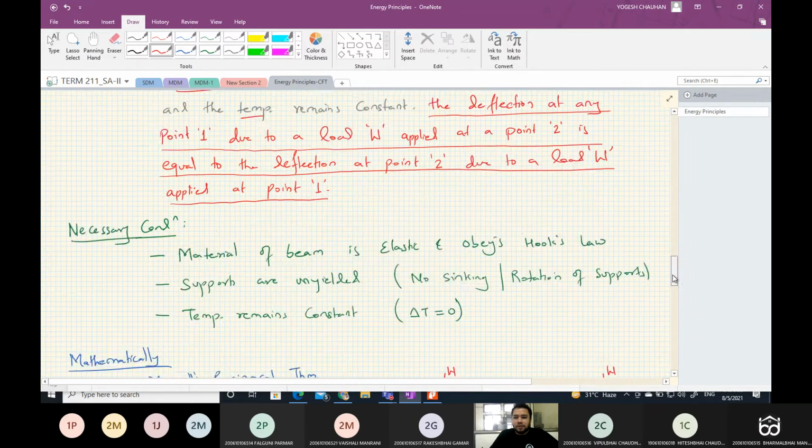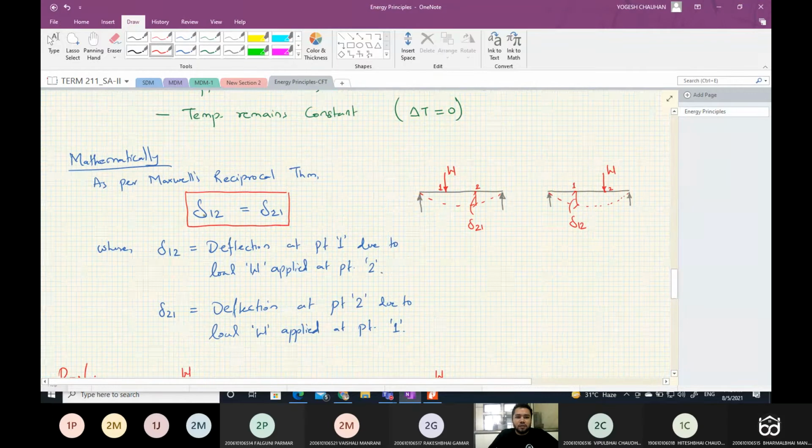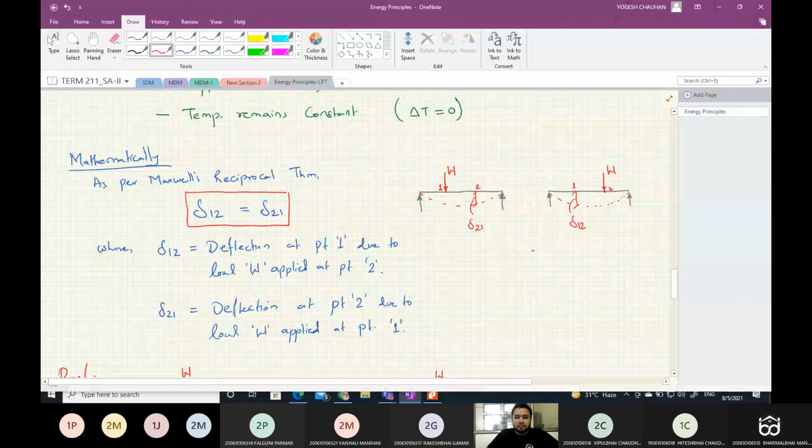That means mathematically we can say delta 1 2 is equal to delta 2 1. What is delta 1 2? Delta 1 2 is the deflection at 1 when the load is applied at 2, and delta 2 1 is the deflection at 2 when the load is applied at 1. So this is Maxwell's reciprocal theorem.